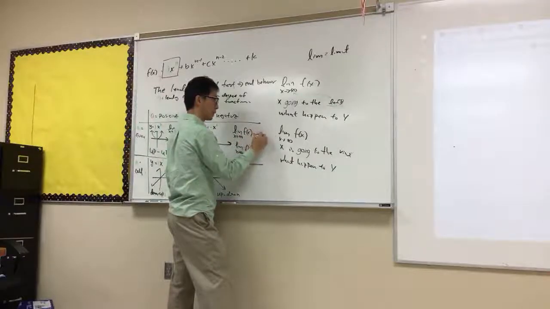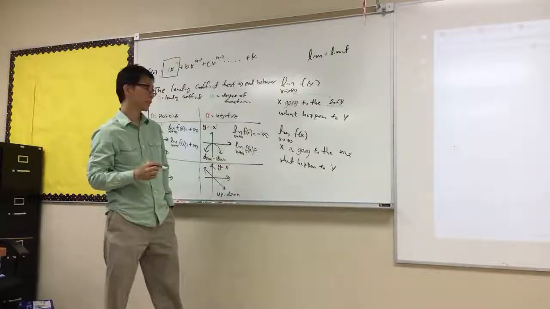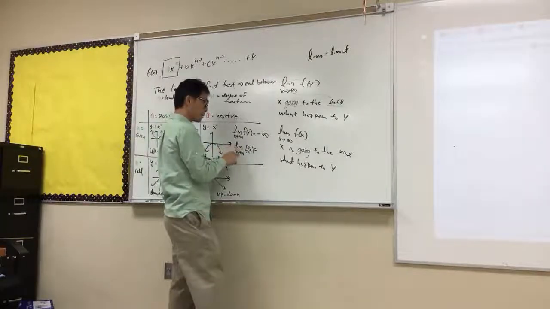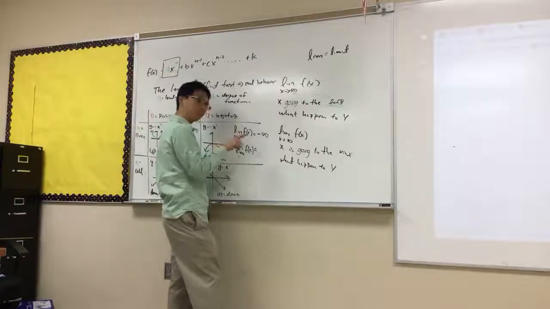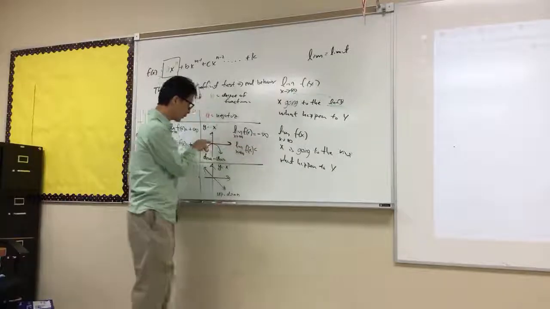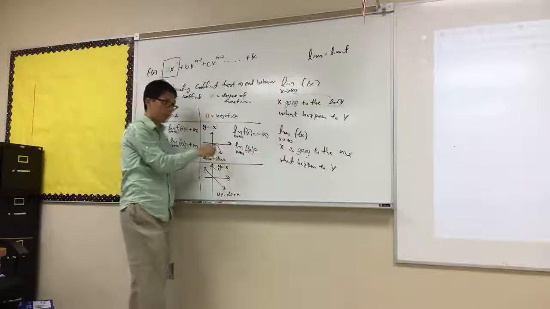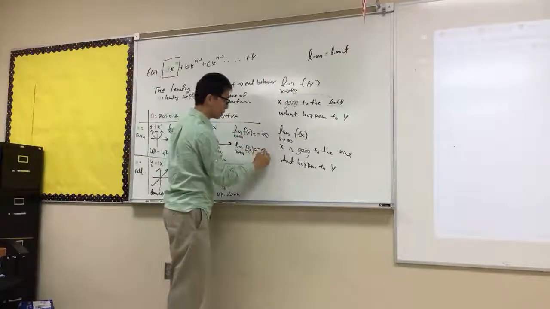Negative. Negative what? Infinity. Negative infinity, that's it. As easy as that. Limit as x approaches positive infinity of f of x is going down again. If the function is going to the right, what happens to the y value? Down. So it's negative infinity.